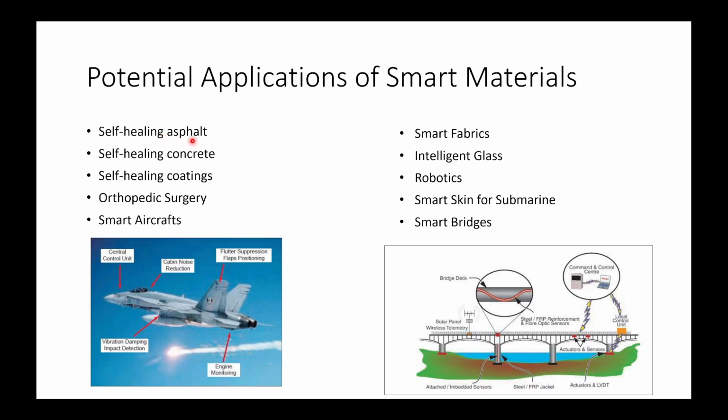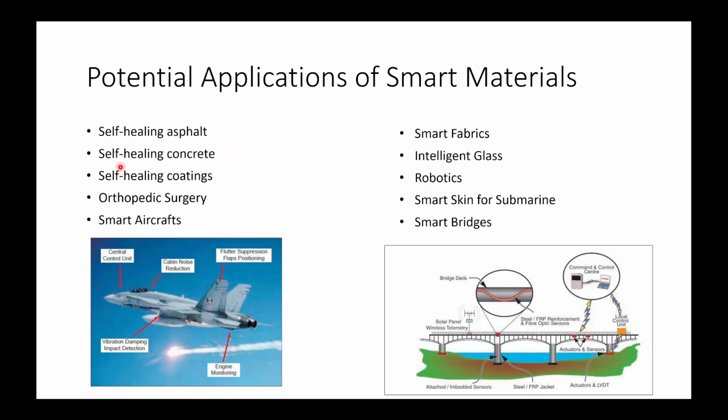So it will increase the lifetime of the road. And self-healing concrete. So concrete which we use for making buildings also can self-heal itself, and if it gets damaged and some cracks appear, they can get themselves healed.